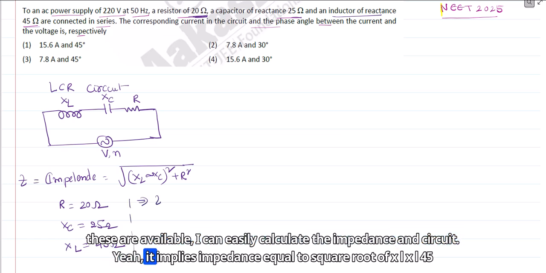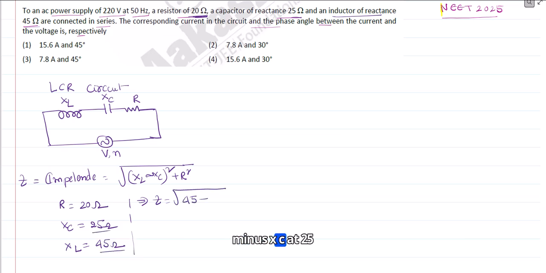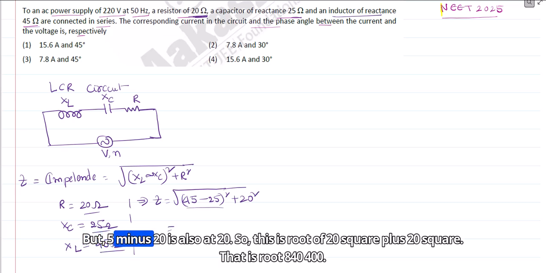It implies impedance equals the square root of (XL 45 minus XC 25) whole square plus R square, which is 20 square. 45 minus 25 is also 20. So this is root of 20 square plus 20 square.